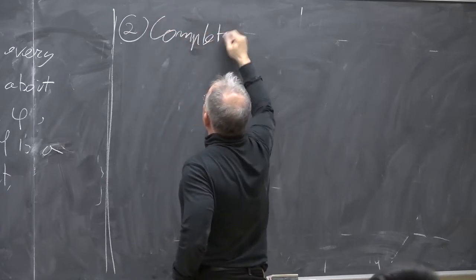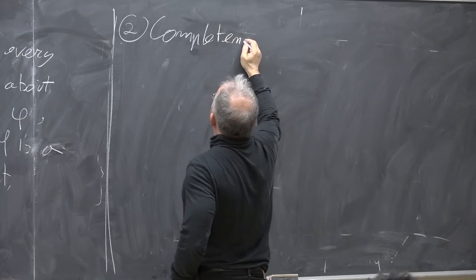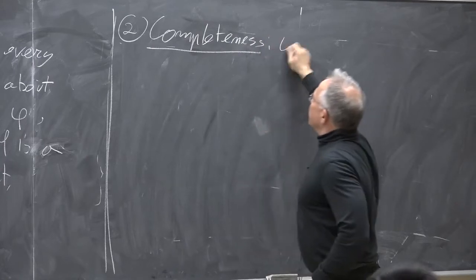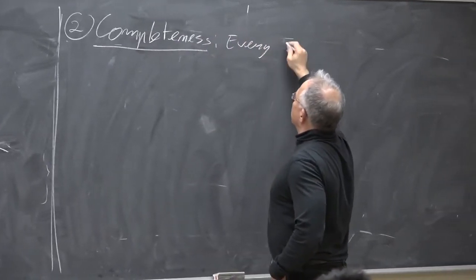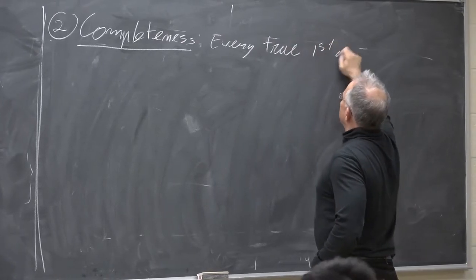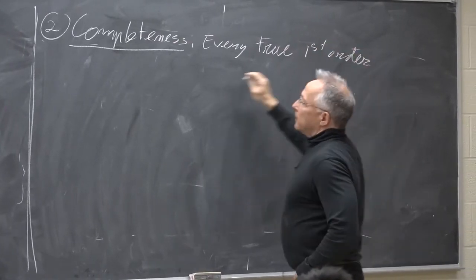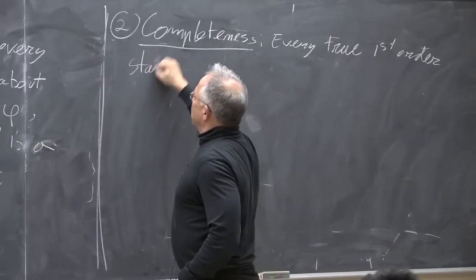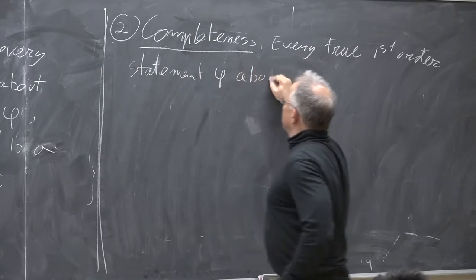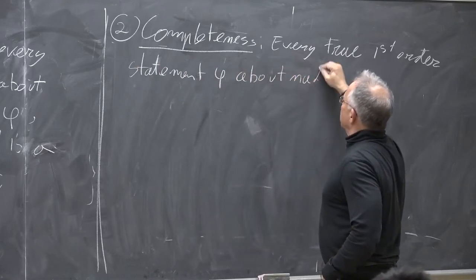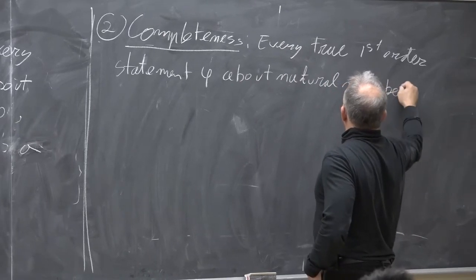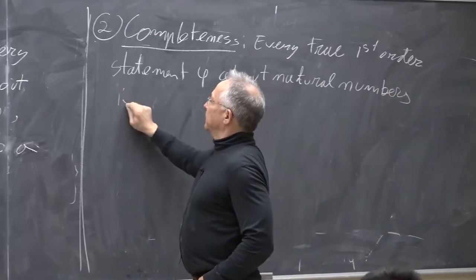So what do I mean by completeness? This is that every true first-order statement phi about natural numbers is provable.